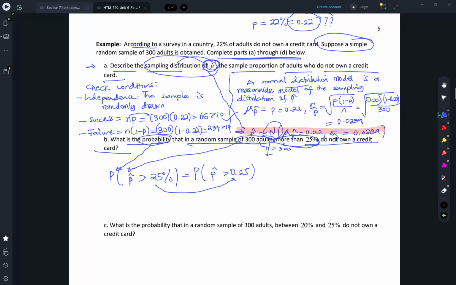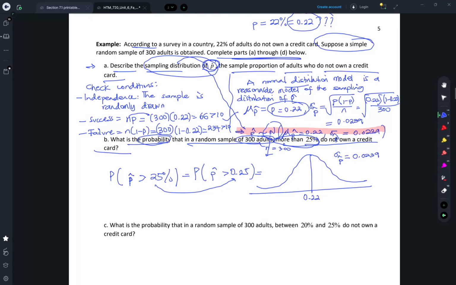Using the normal distribution we have just established, which we learned in earlier modules, we would like to find that if the mean is at 0.22 and the standard error is at 0.0239, we want to look at where the value 0.25 stands. That would be to the right of 0.22.